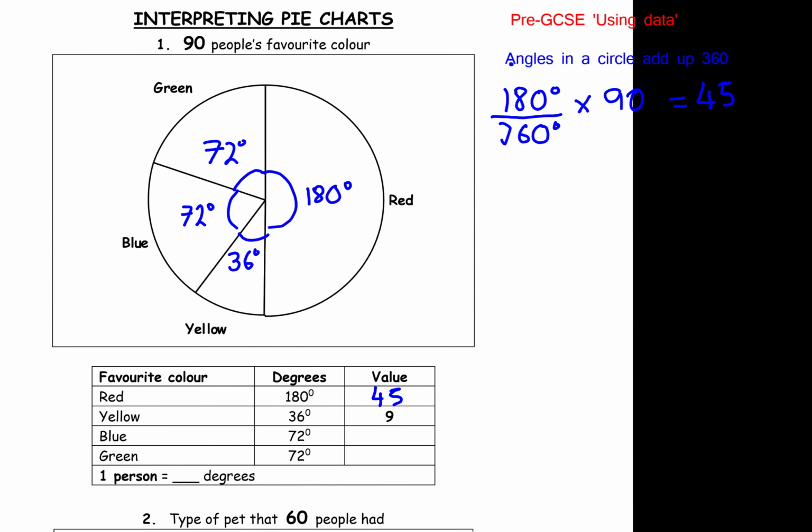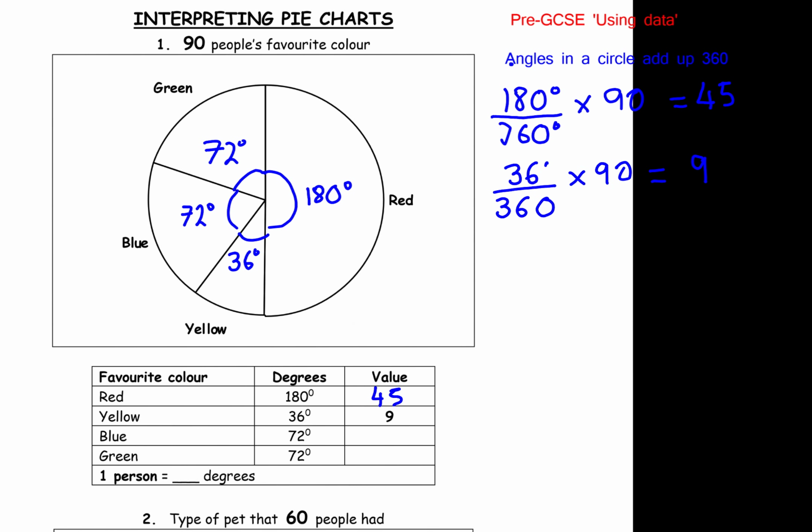Now let's have a look at the next one. Let's do the 36. 36 degrees divided by 360, because that's how much yellow is, times the number of people, and if you tap that into your calculator, you will get 9. So that's correct there.